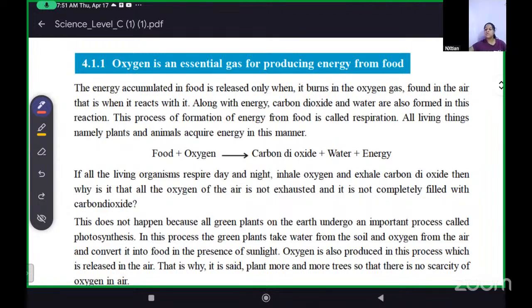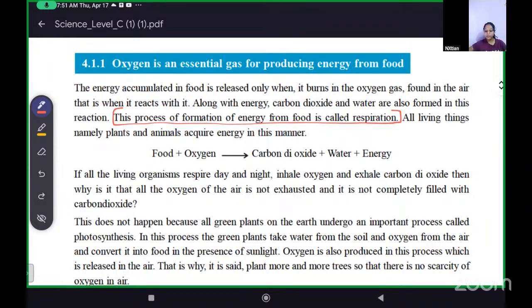So what is respiration? The process of formation of energy from food is called respiration.